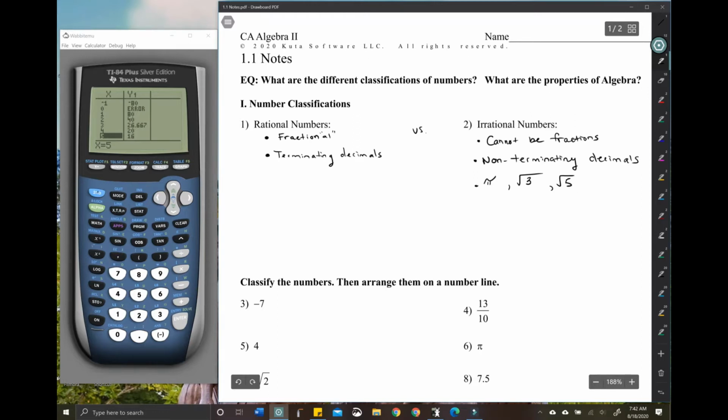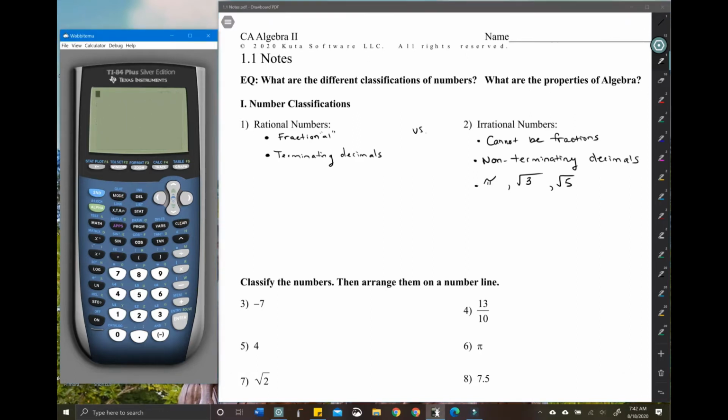If you type the number into your calculator, so you should have your calculators handy, say you type in the square root of 6 and you hit enter. Notice how none of these numbers are repeating. It's just random. Also, if you go to math, fraction, enter, it does not make a fraction for you.